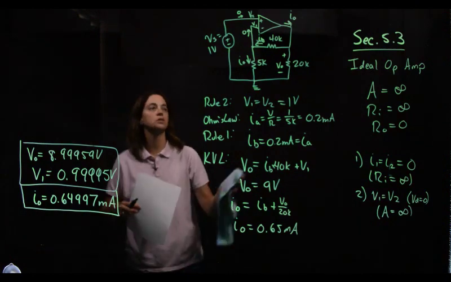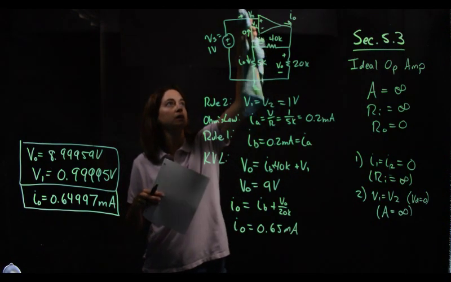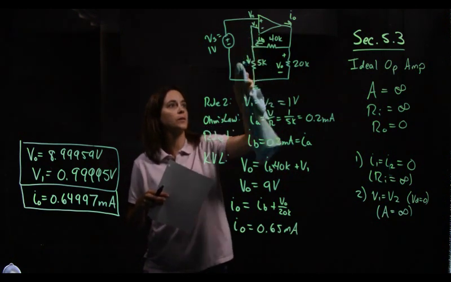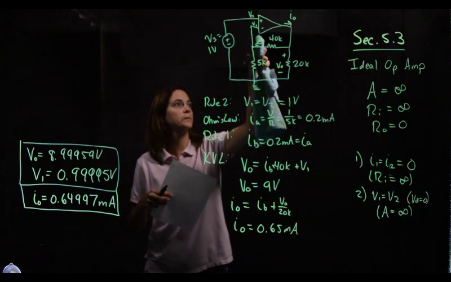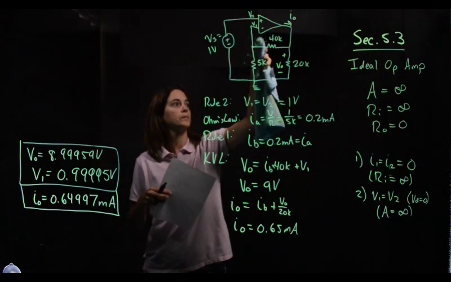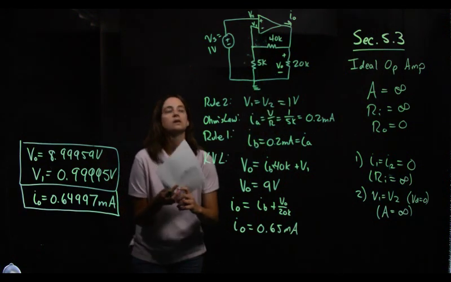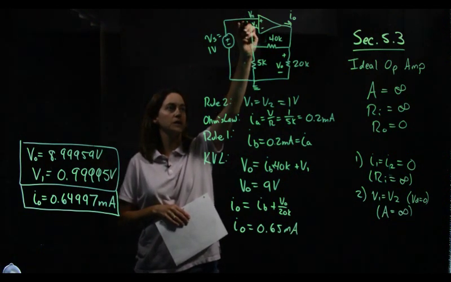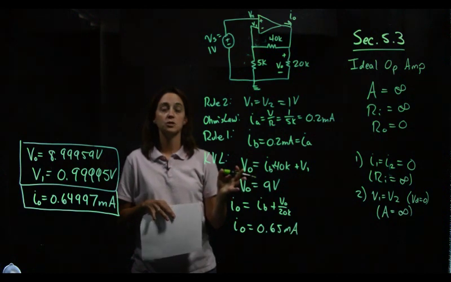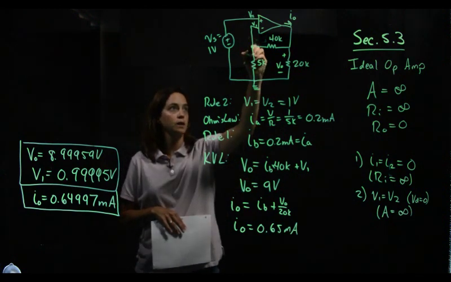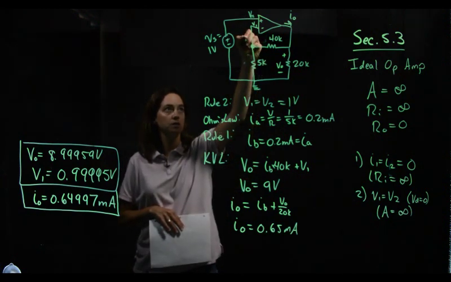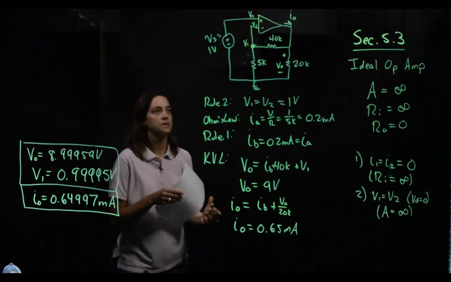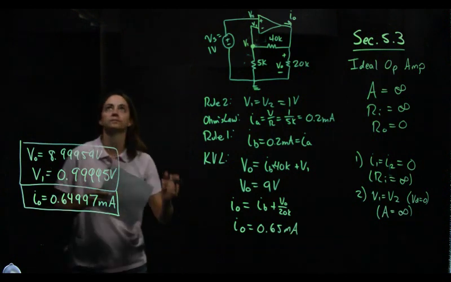So since we're assuming the zero current into our op-amp, let me get rid of all my currents here. So we're assuming zero current, right? Zero current here. That allows me to just do nodal, right? I have zero current here, so it's like that branch doesn't exist. And I can call this V1. So let's write nodal at V1.